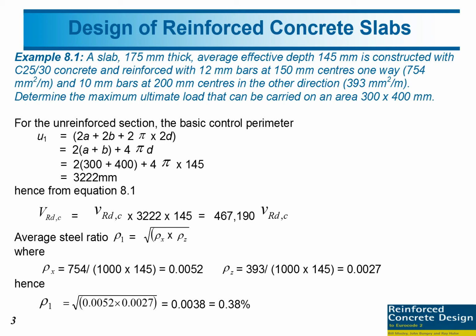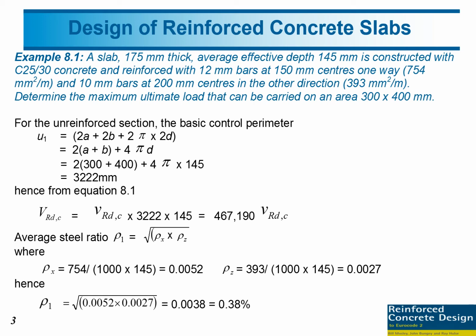We have 0.0052. For the other direction, rho Z, we have 393 divided by BD, so we have 0.0027. Rho 1 is the resultant of these steel ratios, rho X and rho Z, so we have 0.38%.